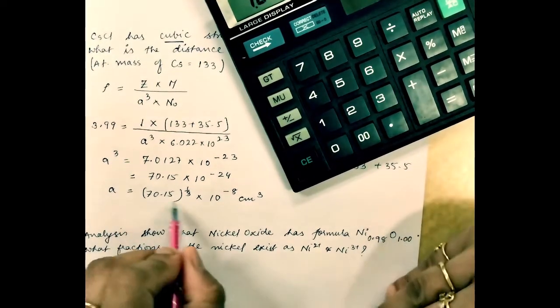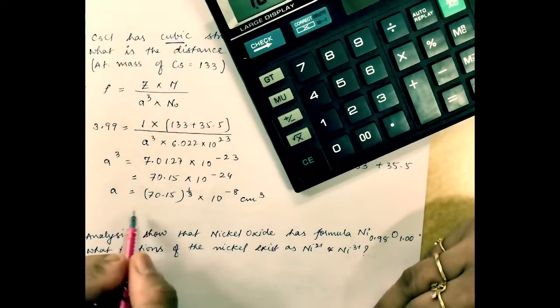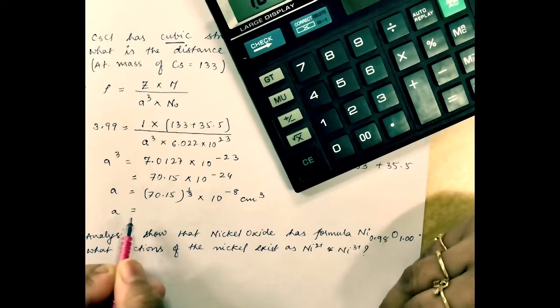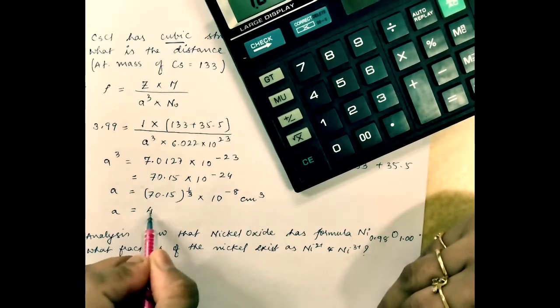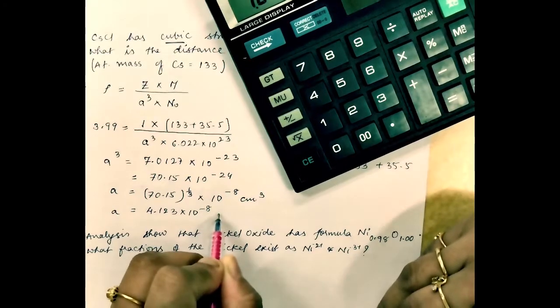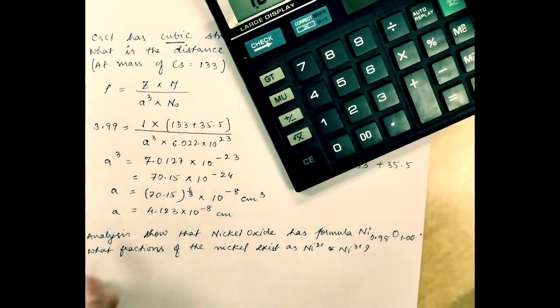Now on solving this with the help of logarithms and anti-logarithms, the value of A comes out to be 4.123 into 10 to the power of minus 8 centimeter.